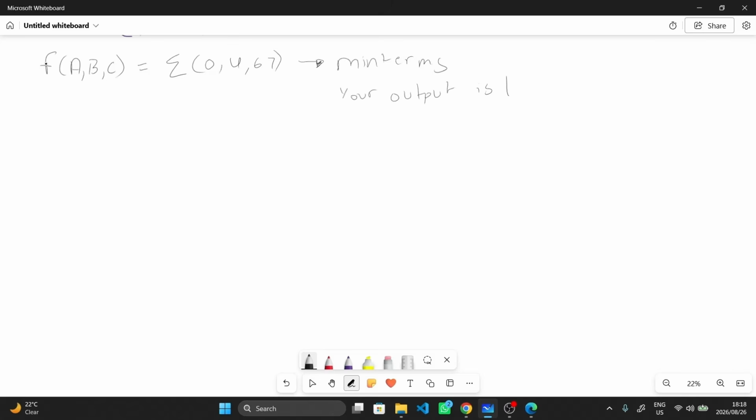If the output is 1 at those values, that means the rest of the output is 0. So we can say at 0, 4, 6, and 7 your output is 1 and the rest of the output is 0.